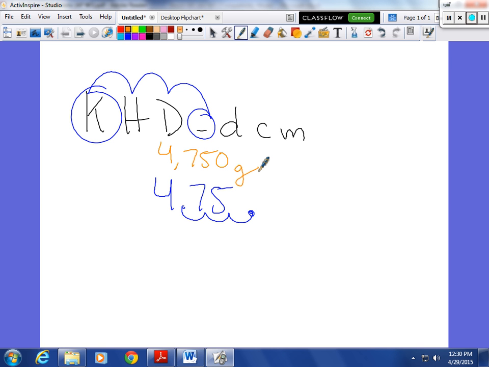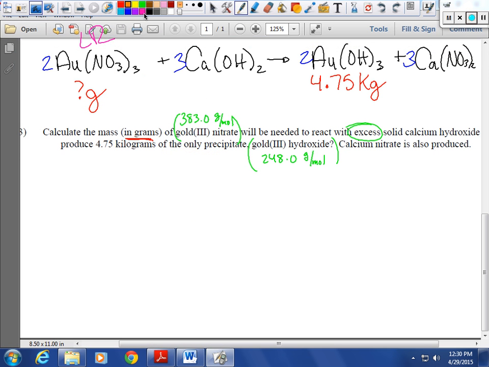I'm going to show you how to include this step in the stoichiometry, just so you can see it. Okay? So I've got 4.75 kilograms. Now I'm going to leave out the formulas for this one just for this first part. So I've got kilograms to grams. I can do this. Remember we did this a long time ago. So the first thing we ever did. Now, you've got to know how those units match up.